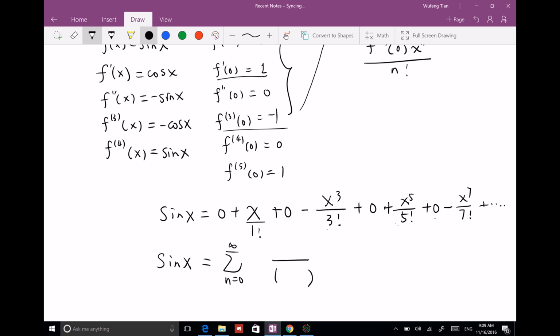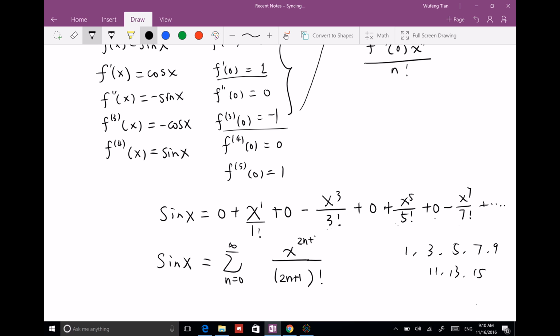So how do you represent the odd numbers? 1, 3, 5, 7, 9, 11, 13, 15. 2n plus 1, that's perfect. 2n plus 1 factorial. Okay, so x to what power? Could be 2n. This is the same power, look, 1, 3, 5, 7. 2n plus 1, very good.